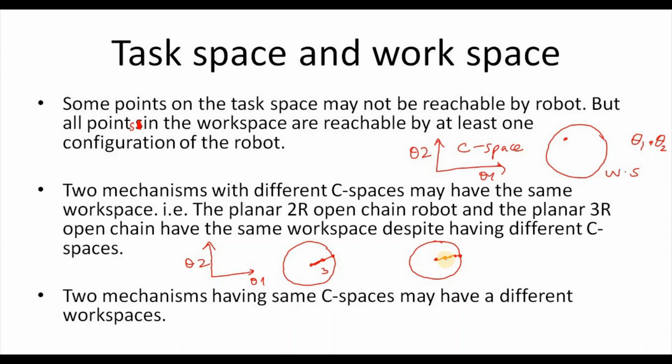Here I drew a 3-link robot whose links are small, but the combined length of the links is again 3. So its workspace will be this circular plane, but its configuration space will be different because it has 3 links. It will have a 3-dimensional configuration space with θ1, θ2 and θ3.